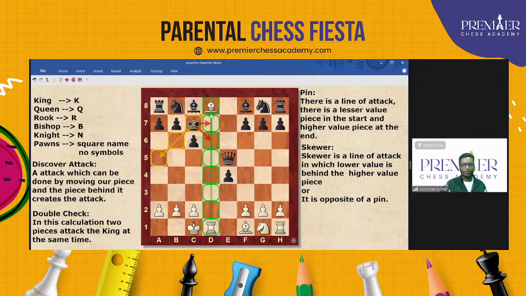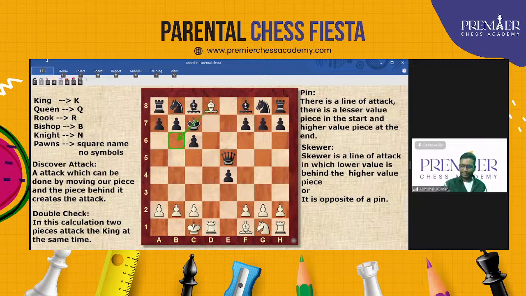So the king can't go to d5. If the king thinks to go to b6, the idea will not work because the bishop is still attacking the king on that diagonal. So when we play bishop to d8, it gives us the checkmate. Any doubts?